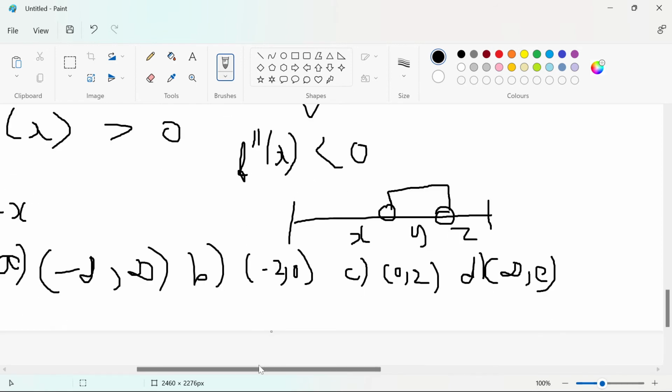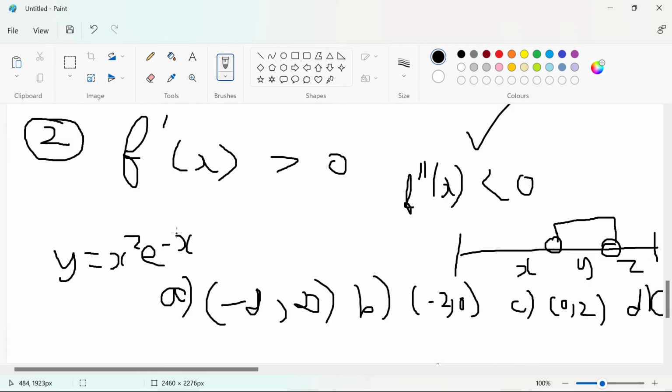You should always remember that e power minus x is always a positive number.